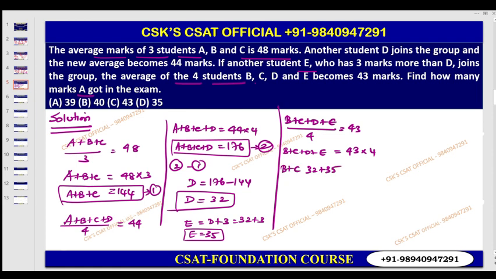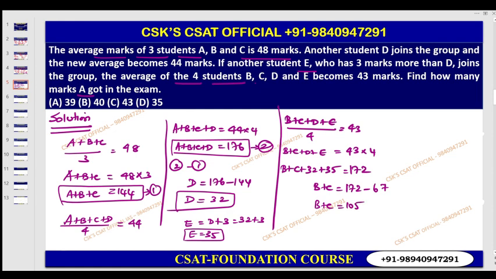Here B plus C, so easily you can solve. 43 into 4 becomes 172. Then B plus C becomes 172 minus 67, since 32 plus 35 is 67. So therefore 172 minus 67 becomes 105.